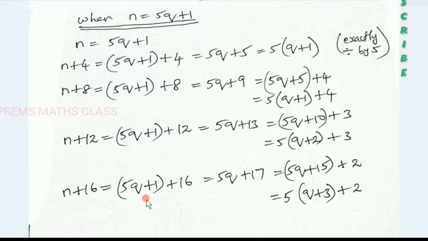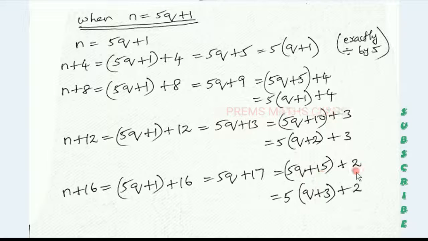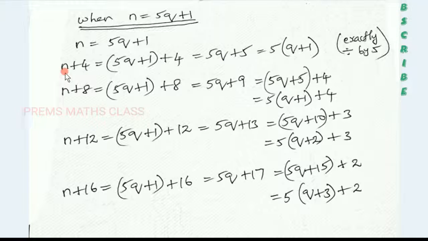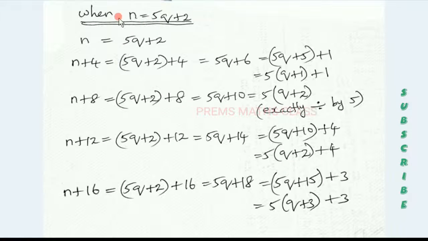Substitute n equal to 5q plus 1 plus 16. 16 plus 1 is 17. This 17 can be written as 15 plus 2, so 5q plus 15 plus 2. Now taking 5 common, 5 into q plus 3, plus 2. So here the remainder is 2, so not divisible by 5. So out of these n, n+4, n+8, n+12 and n+16, only n+4 is divisible by 5.